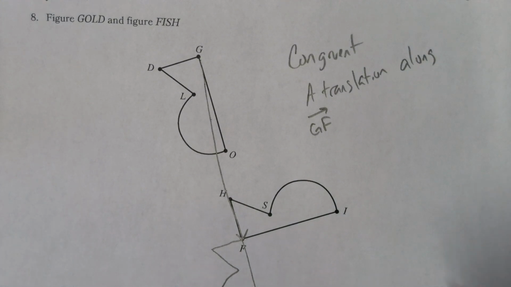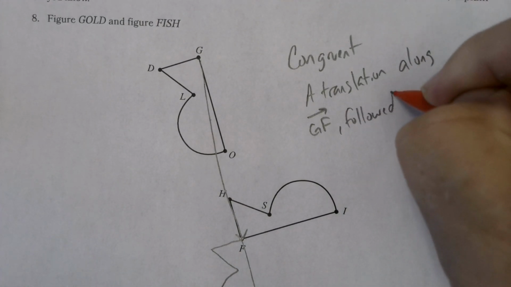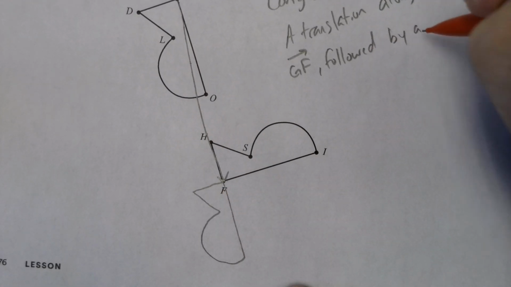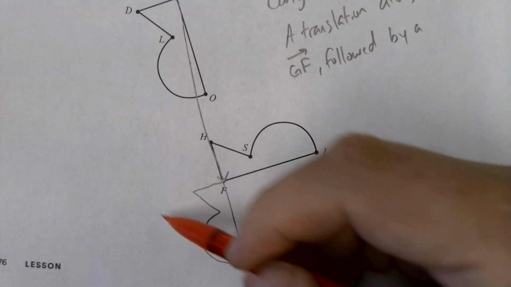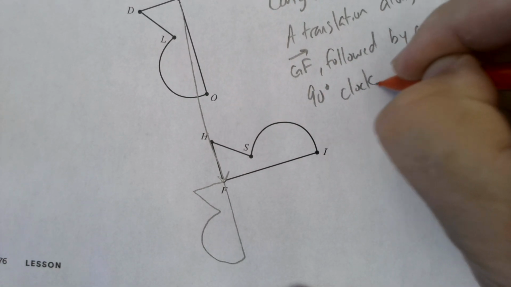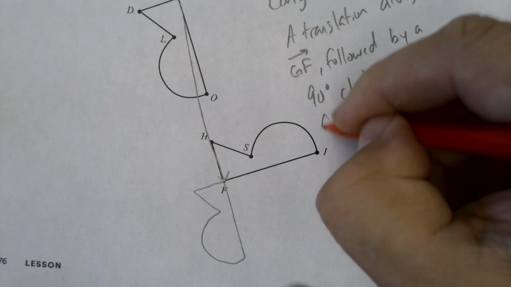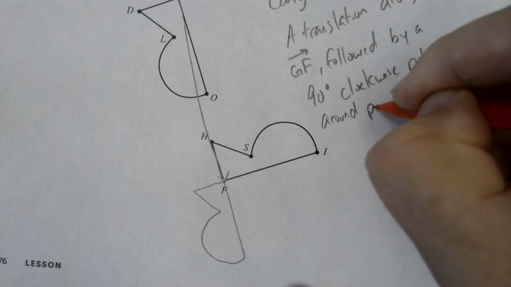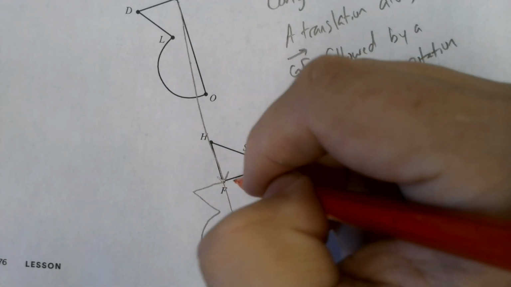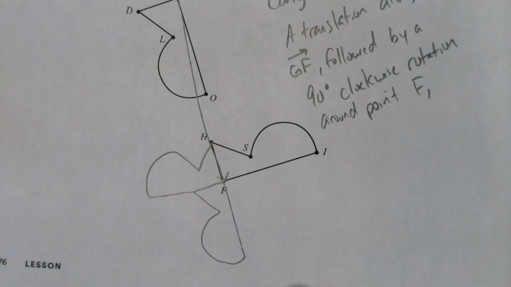Well, now that that's here, there's my figure. I'm going to need to rotate this, followed by, and since I'm going forward, I'm going to say a 90-degree clockwise rotation around point F. That would map this on here, like so.